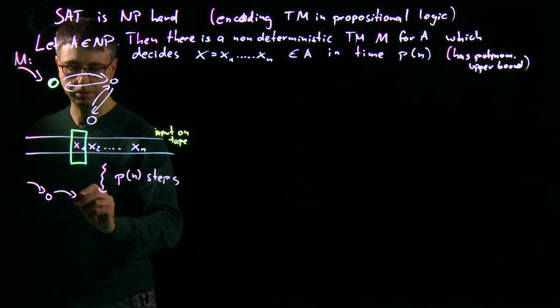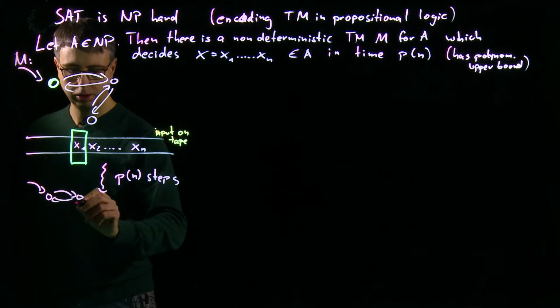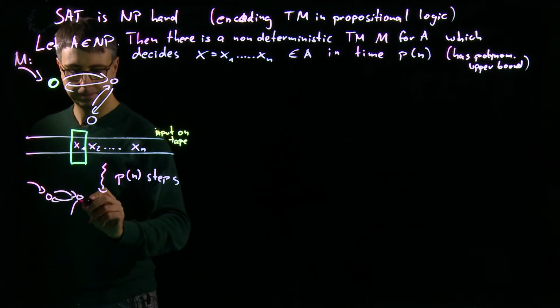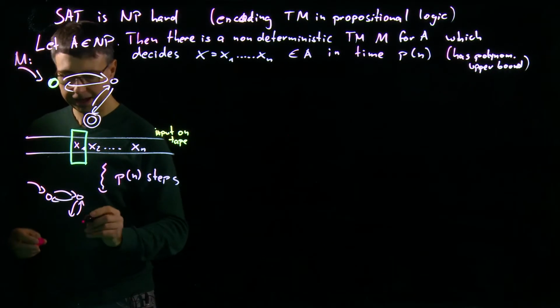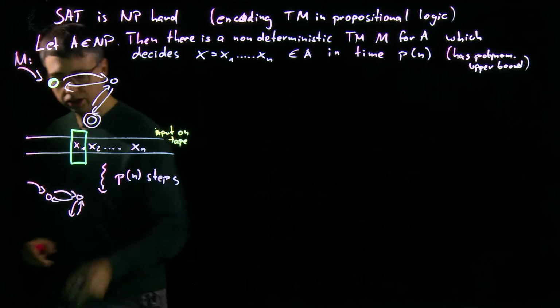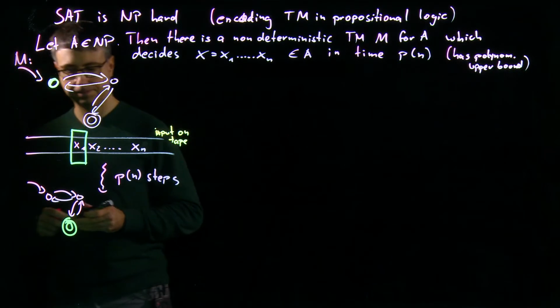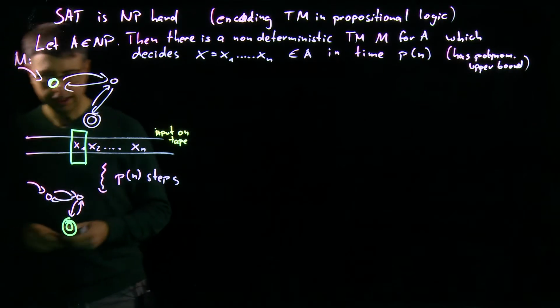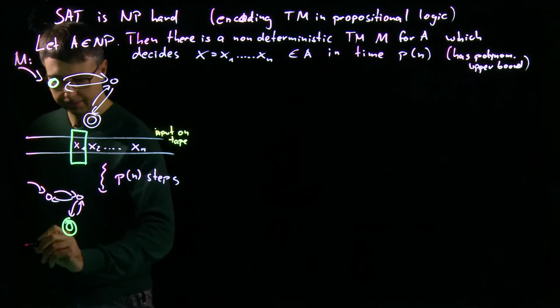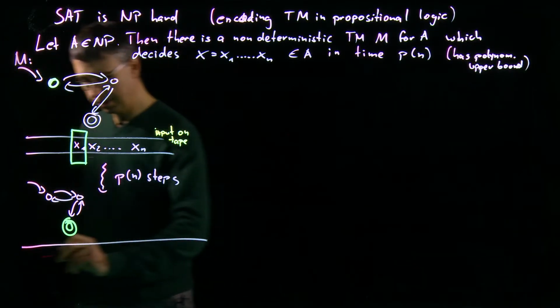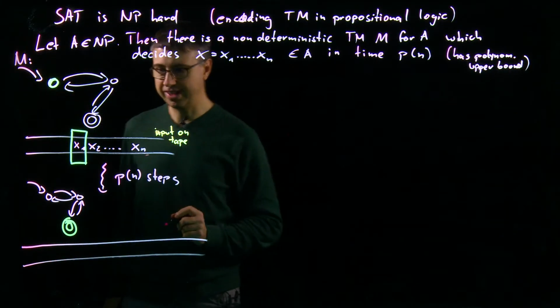We have still the Turing machine with the control. This should be the final state with the control. And now we are actually in the accepting state. So we are here, after P of n steps. Now, what happened on the tape?